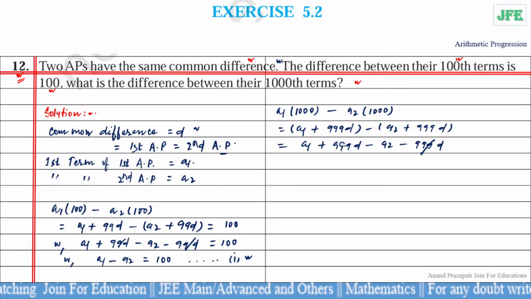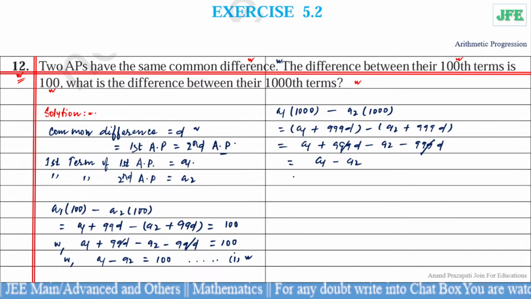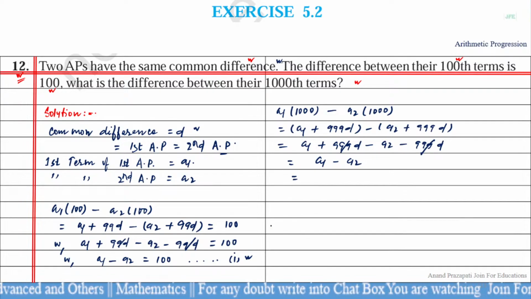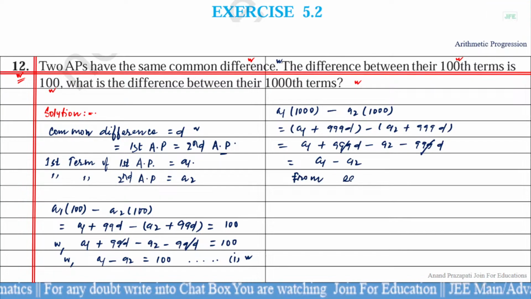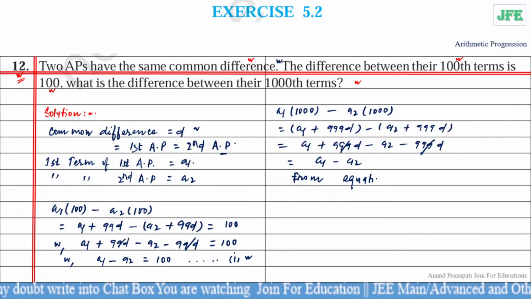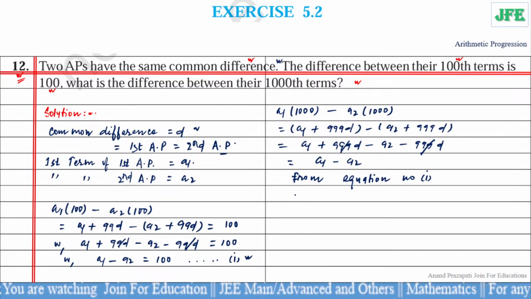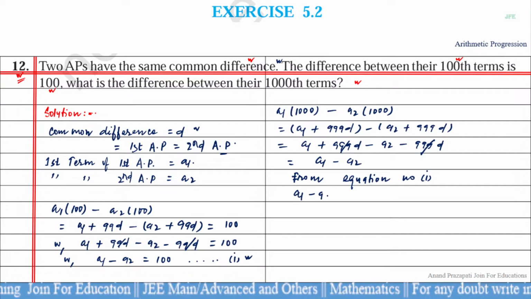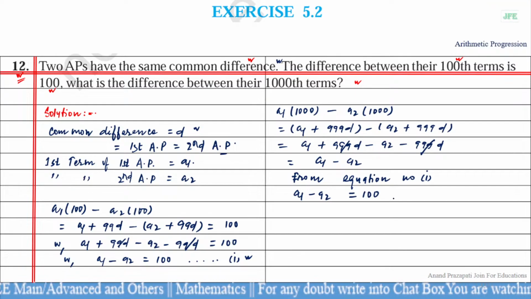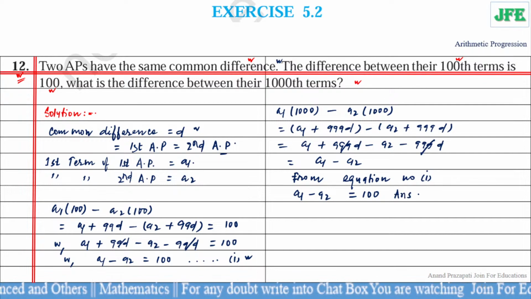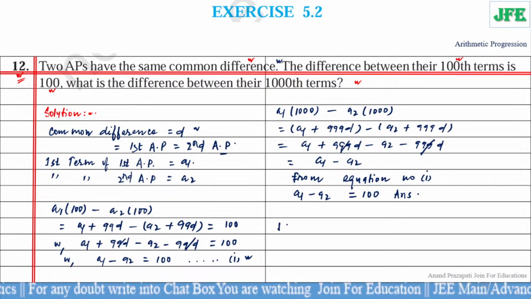We cancel out this one, plus and minus, then we get a1 minus a2. So from equation number 1, a1 minus a2 equals 100, which will be the answer of this question. Is there any problem understanding the solution of question number 12? Note down the solution.